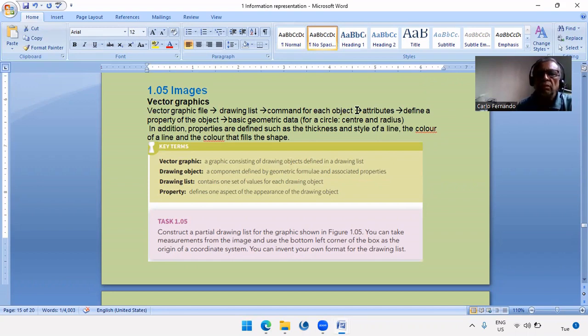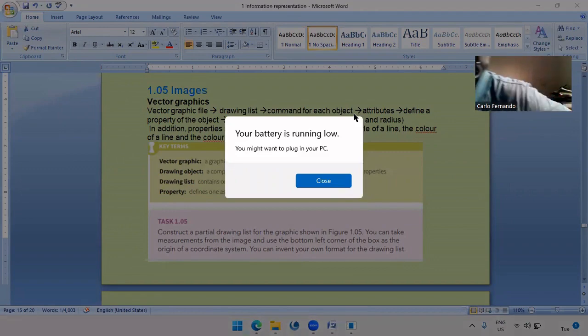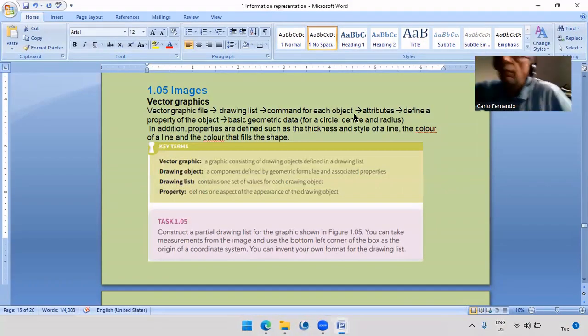Attributes, which define a property, like the color, thickness, fill color, outline, size and all that.